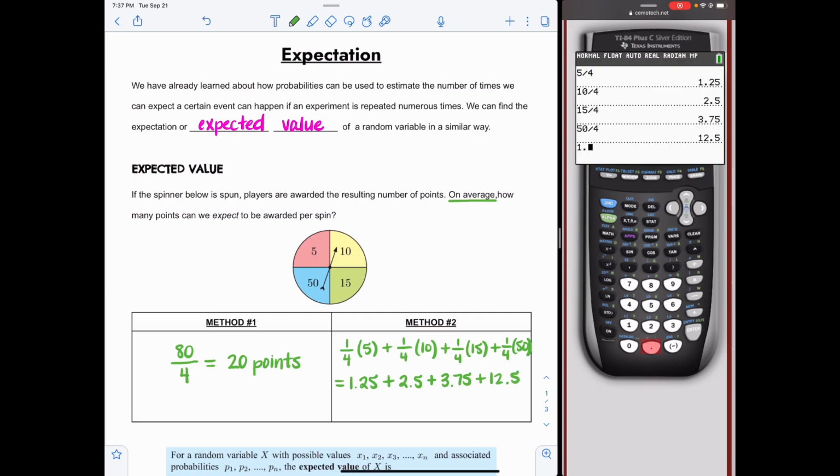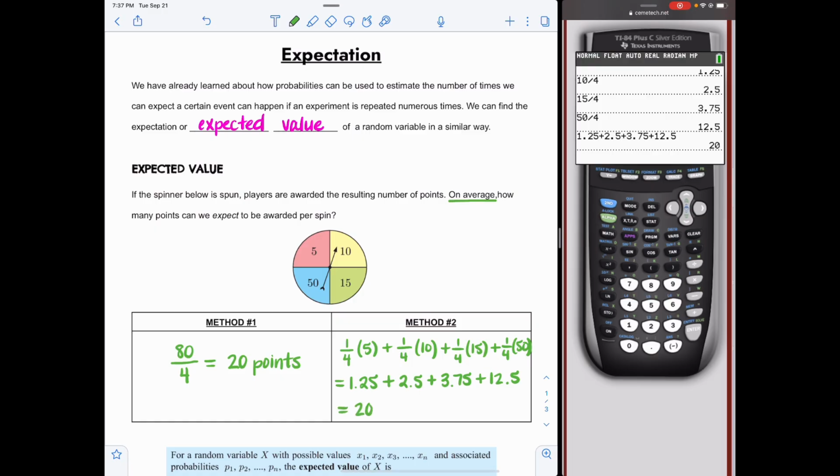If I add all these together, I would end up with 20. So I still get the same answer.